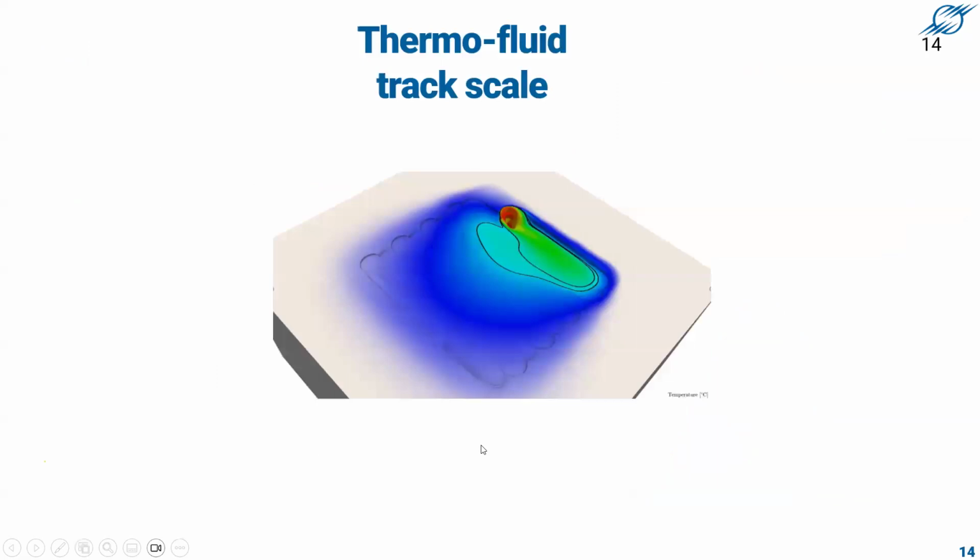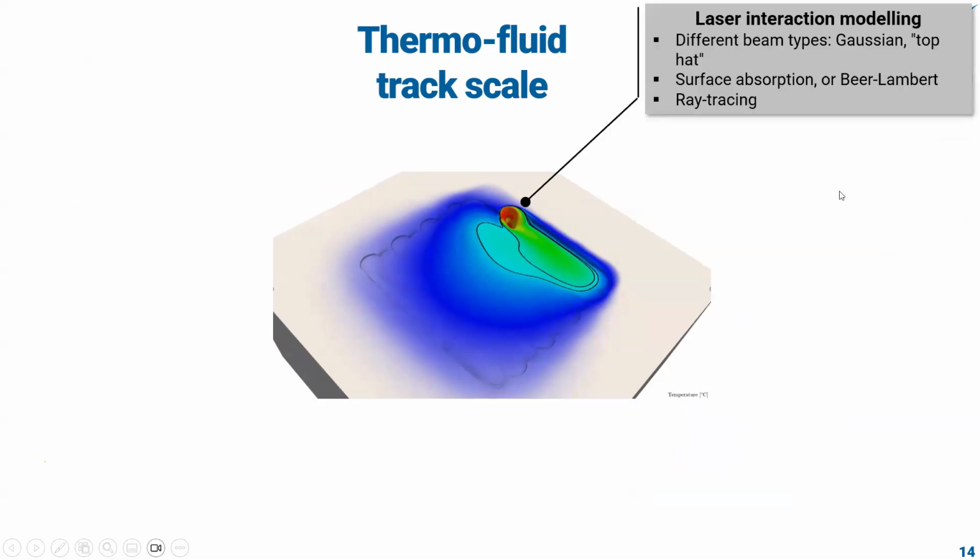Okay. So the ingredients of a thermofluid track scale simulation is a module for laser interaction, capable of treating different beam types, considering surface absorption, or I've indicated Beer-Lambert, but Beer-Lambert is used for the impact of the beam on the powder bed.